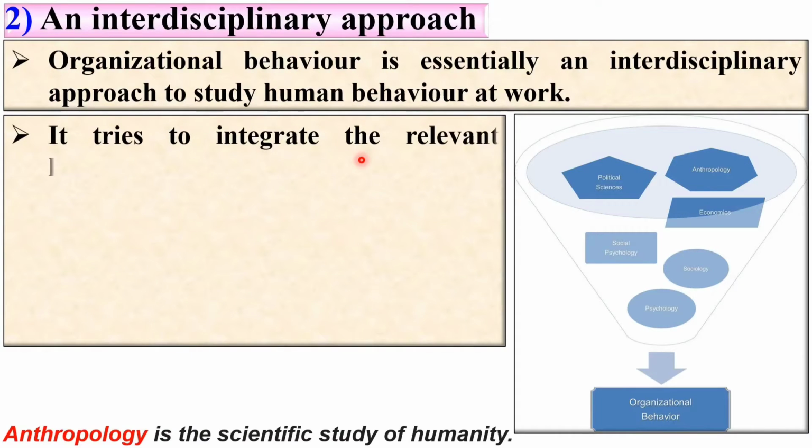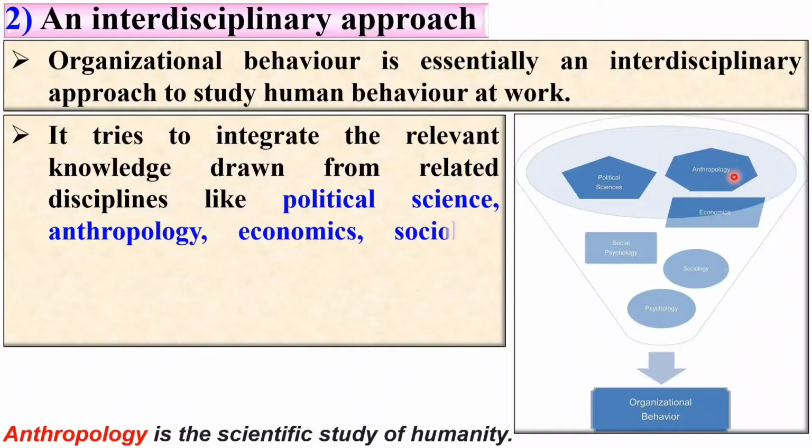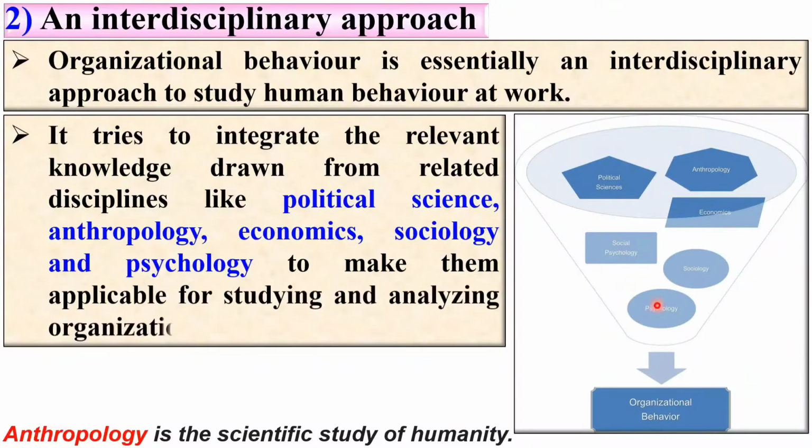It tries to integrate the relevant knowledge drawn from related disciplines, like you can see political science, anthropology, economics, sociology, and psychology, to make them applicable for studying and analyzing organizational behavior.